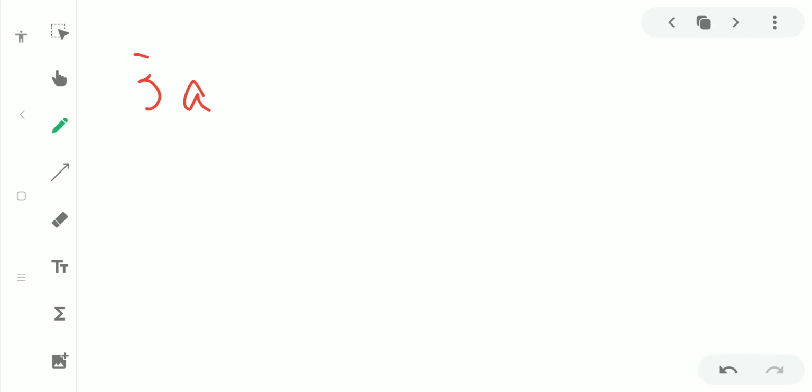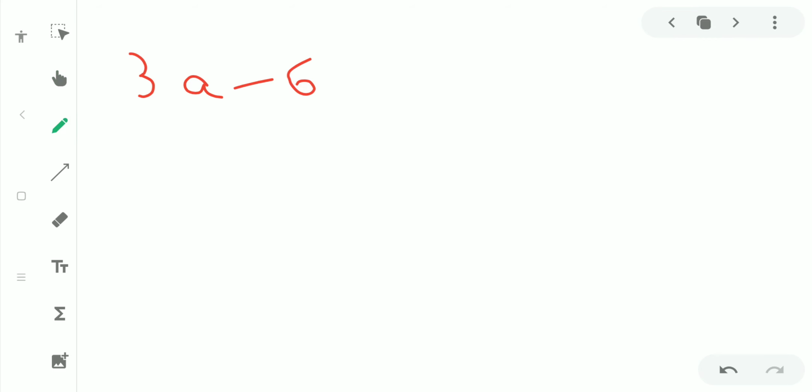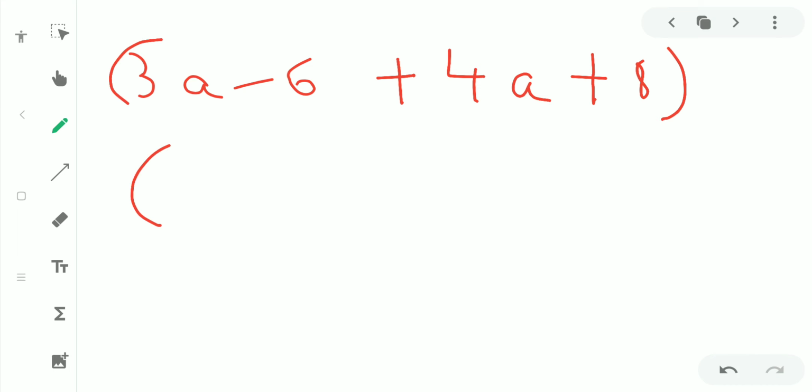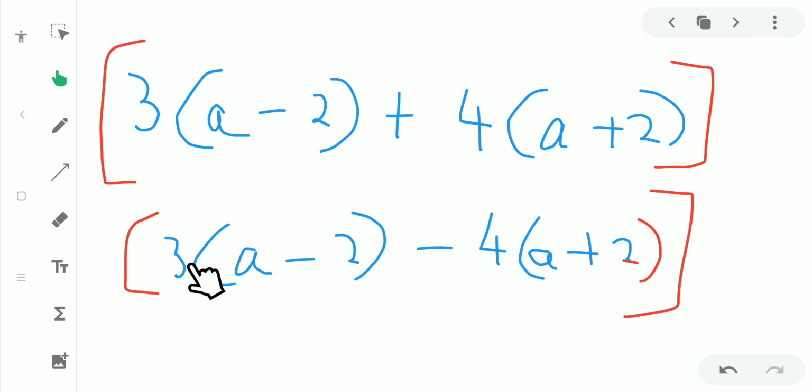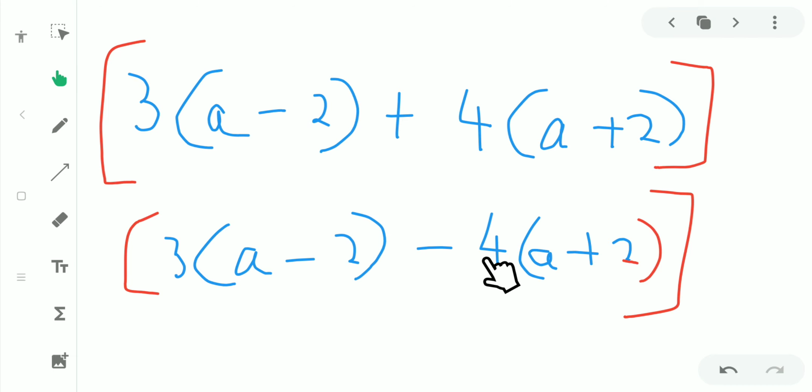On opening the brackets we will be getting 3a minus 6 plus 4a plus 8, and the second expression 3a minus 6 minus 4a minus 8, because minus into plus is nothing but minus.